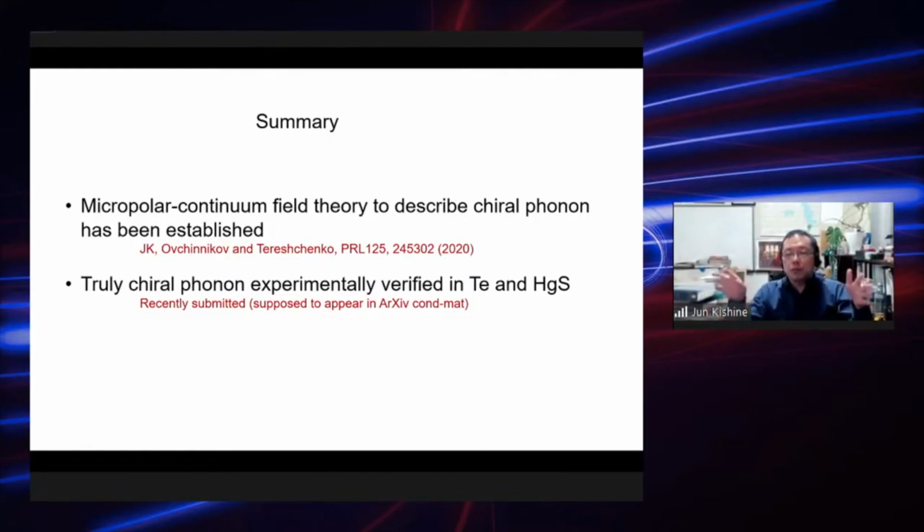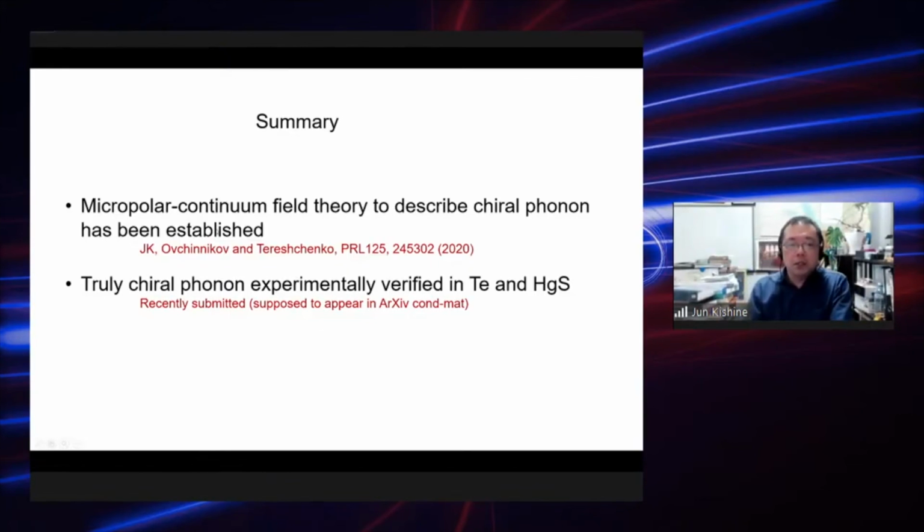If you specify the point group, we can get the dispersion curve by solving the equation of motion. Of course, this theory is based on a continuum field theory, so it misses the discreteness of the lattice. How to connect our continuum field theory to the discrete lattice case is a future problem, and we are elaborating on it now.